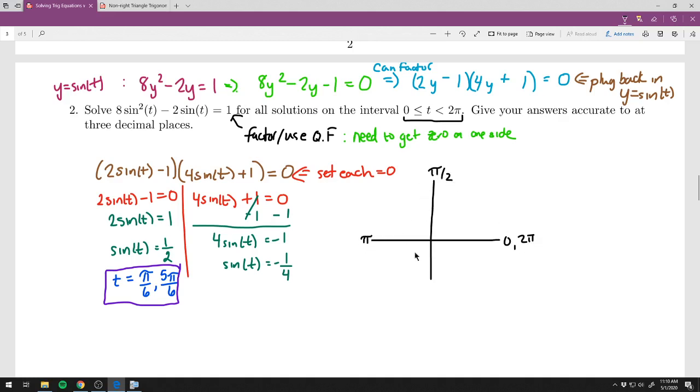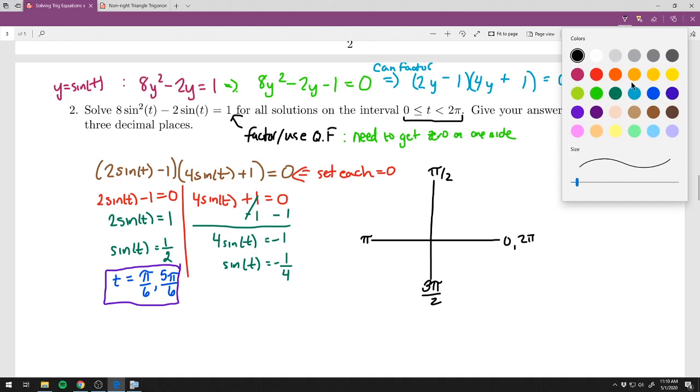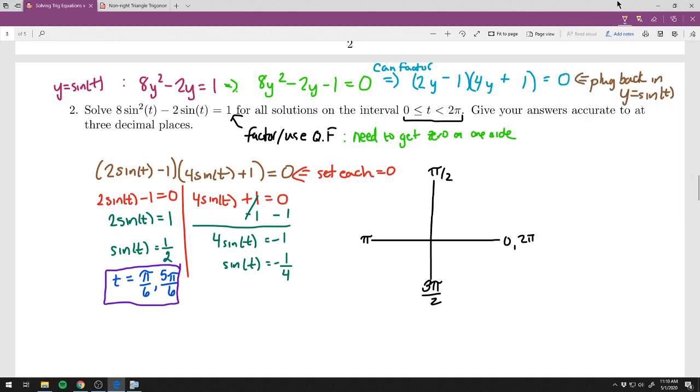I'm going to make a picture so we can visualize everything. All right, we can go ahead and record what quadrants sine is positive in, or negative in rather, with negative in quadrants 3 and 4. So we're going to have an answer in quadrant 3 and an answer in quadrant 4.